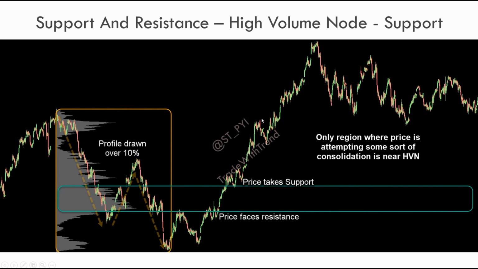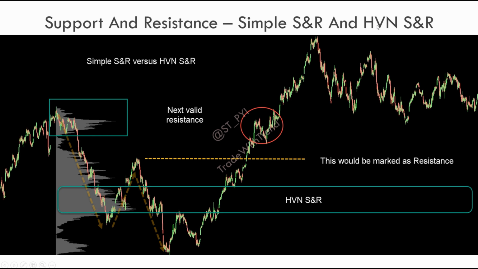Now this chart and the previous chart are actually the same, but what I'm trying to mark out is the difference between the high volume node method and the traditional method. We have seen how we marked support and resistance based on high volume node.